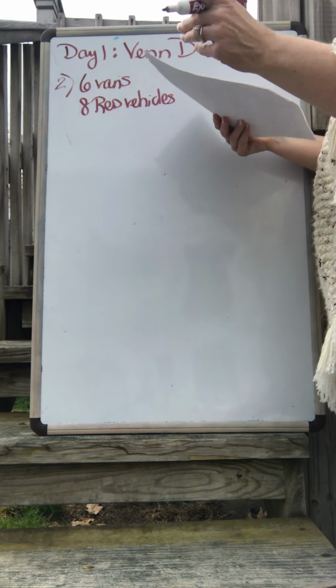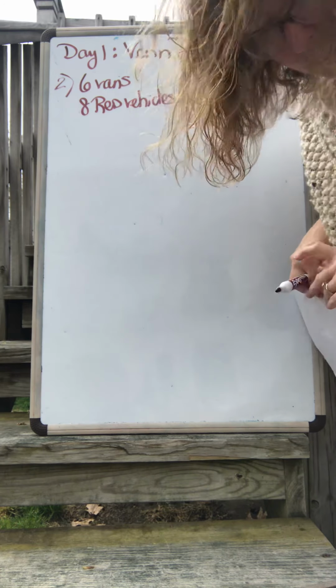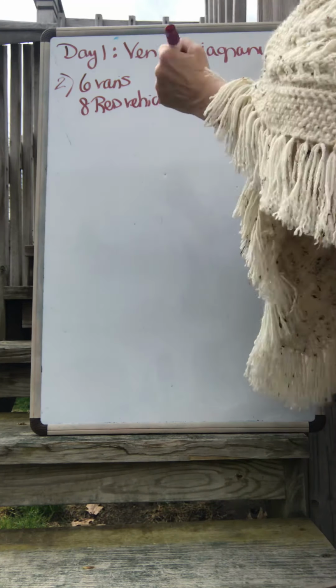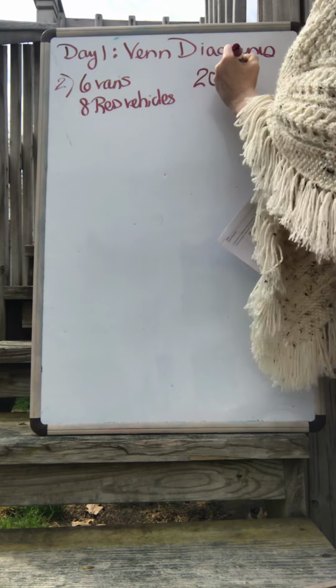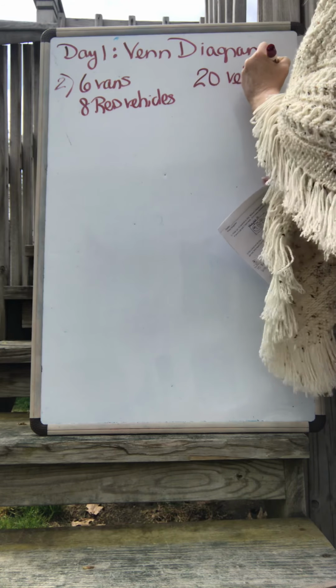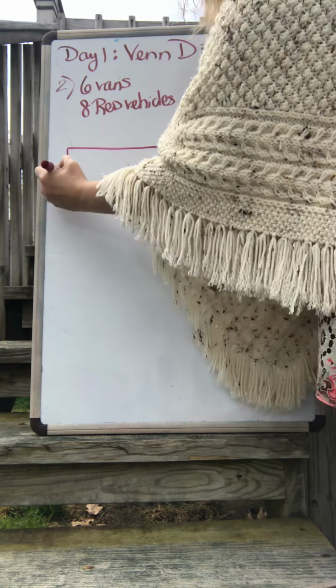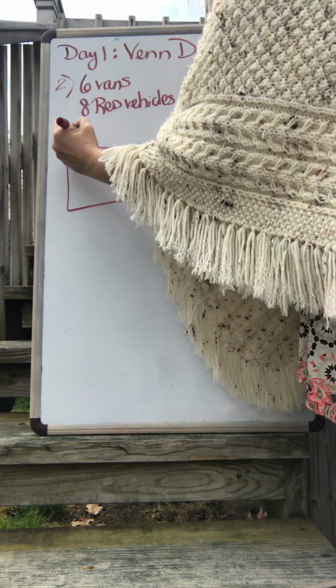Now I know the next thing, there are 20 vehicles in all. So if there are 20 vehicles in all, that's my universal. 20 vehicles in all. So when I start to make my Venn diagram, here, this is 20 vehicles.